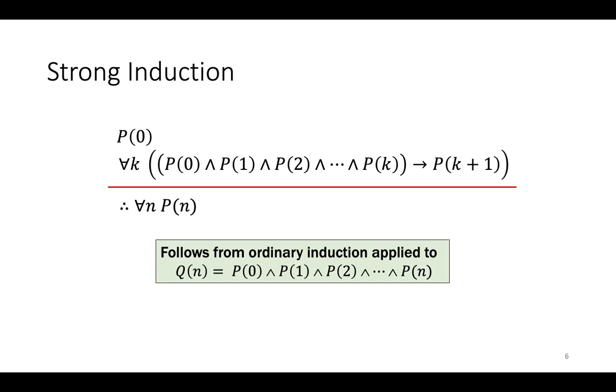If you want to prove k plus 1, you need to assume P of k, P of k minus 1, k minus 2, down to P of 0, they are all true. Then you can prove P of k plus 1, and then you can prove P of n for all integer n.